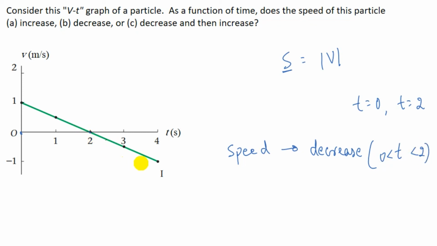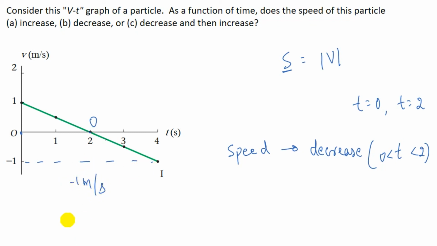Now after 2 seconds the velocity is increasing, but in a negative direction, like at this point at time t equals 2 it was 0. Now at time t equals 4 seconds, the velocity becomes -1 meter per second.